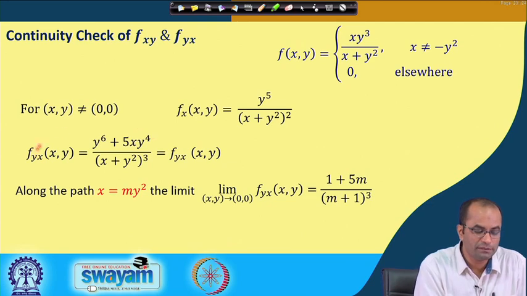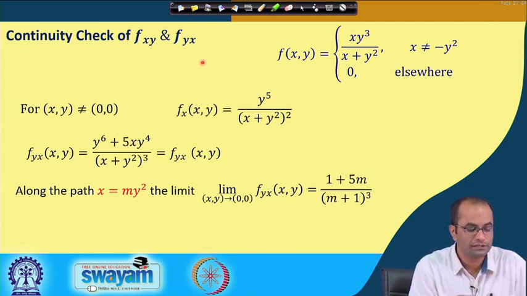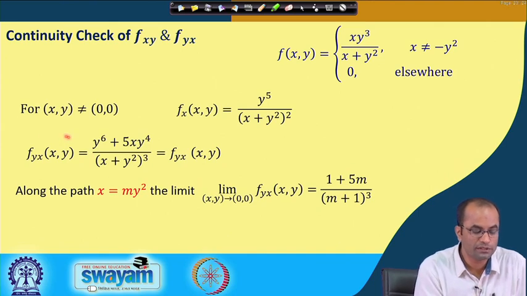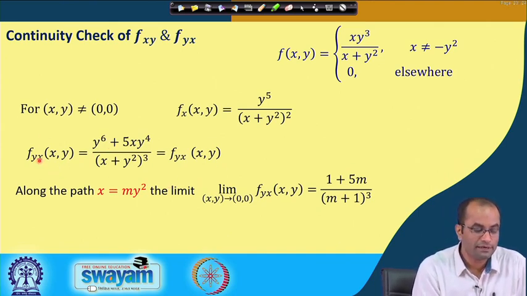So, that means this limit does not exist, and now we can just say that the function is not continuous, because for continuity this limit should exist and should approach the derivative at the 0 point.